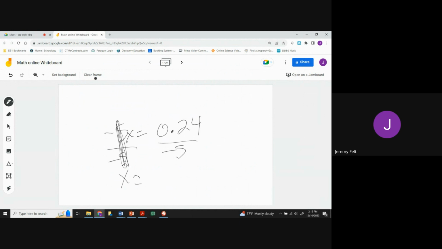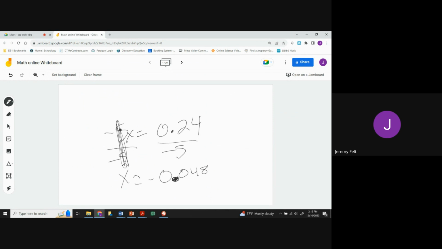Okay. 0.24 divided by negative 5. Okay. Negative 0.048. All right, so we just divide.